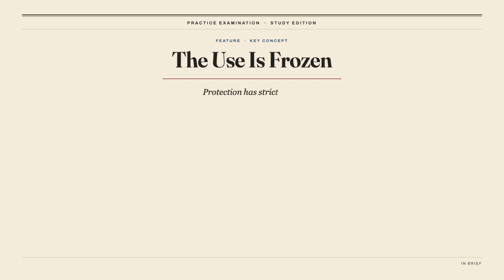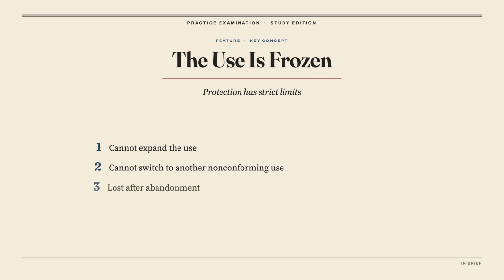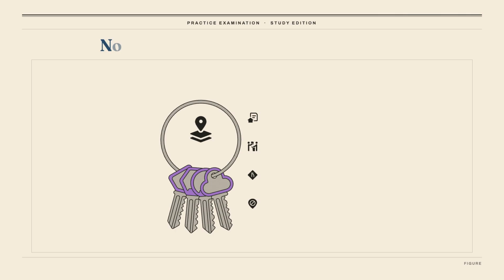The protection only covers the use exactly as it existed when the ordinance changed. Ordinances typically bar expanding it, converting it to a different non-conforming use, or reviving it after abandonment, and many prevent rebuilding if the structure is destroyed beyond a set threshold.